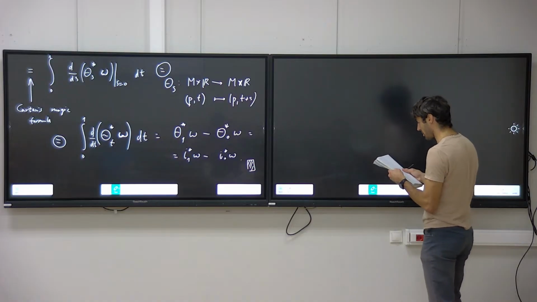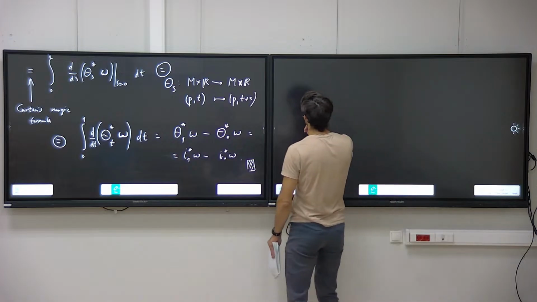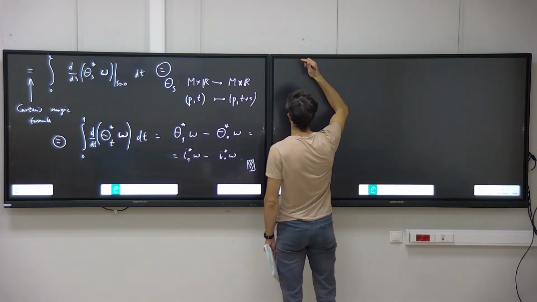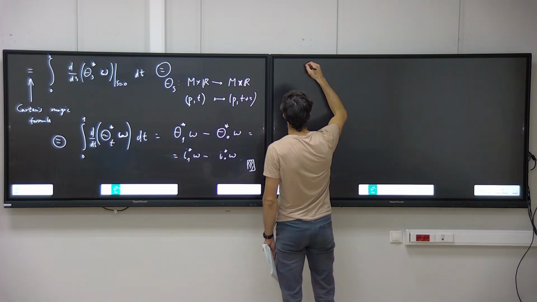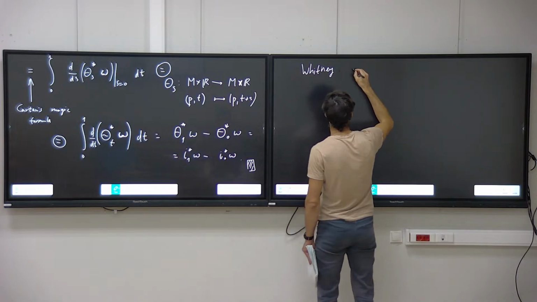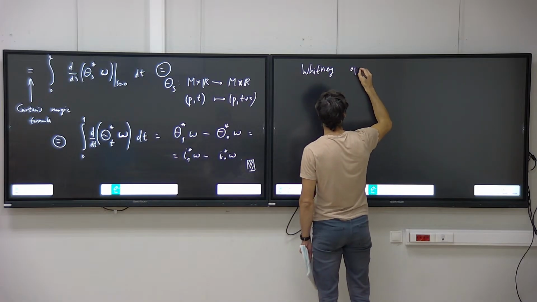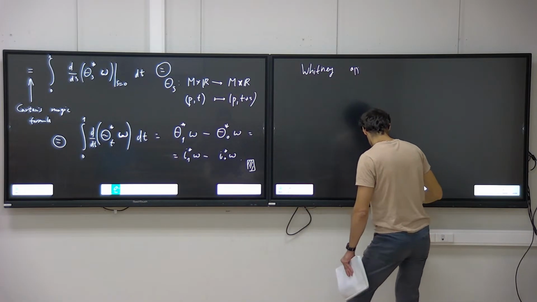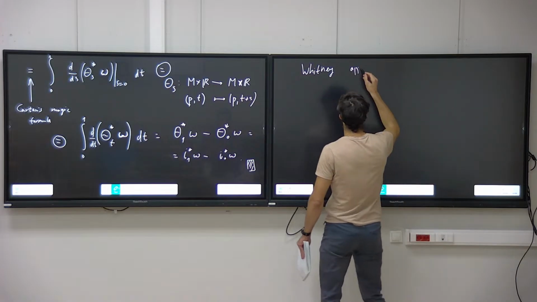But then, well, let me formulate something which we will not prove because it will take too much time, which is called Whitney approximation. I'm just going to use it.